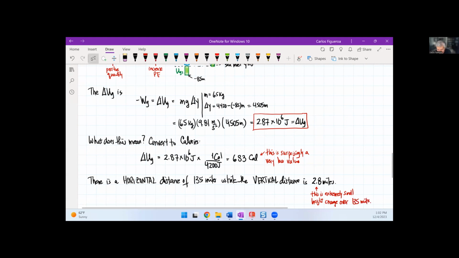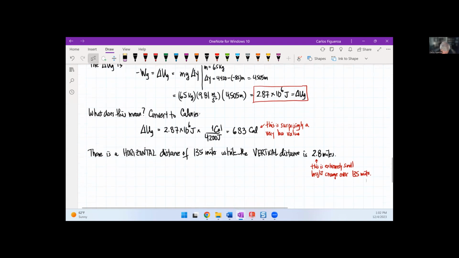So most of the calories are actually used up running horizontally. Most calories are used to go horizontal.